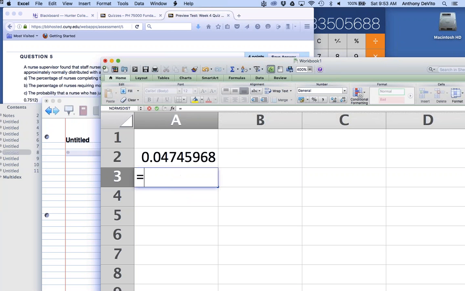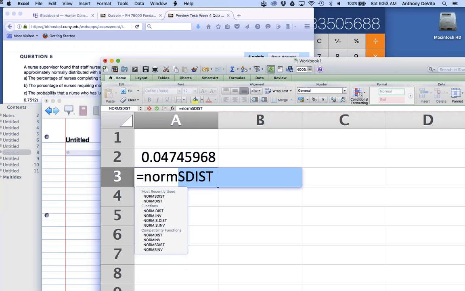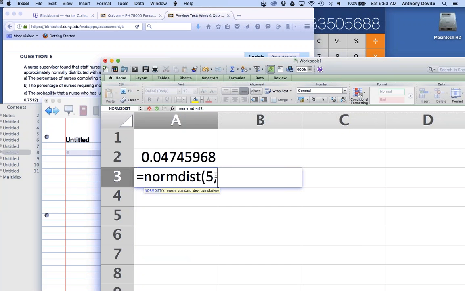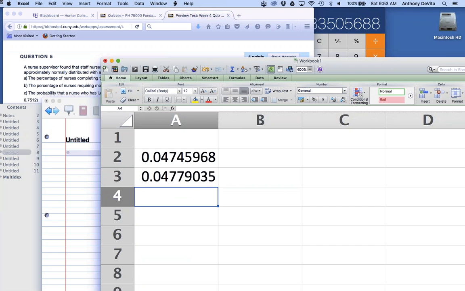Now, interestingly enough, what if I had used the other formula, NORM.DIST instead of NORM.S.DIST? I could put in my x, which was 5 minutes, my mean, which was 10, my standard deviation, which was 3, and true for cumulative. Hit enter, and I get exactly the same answer.